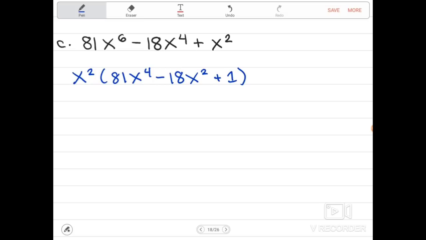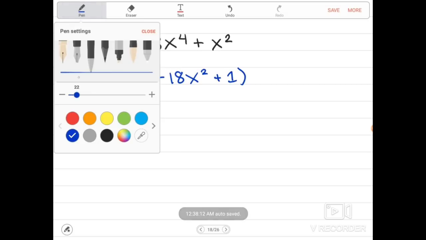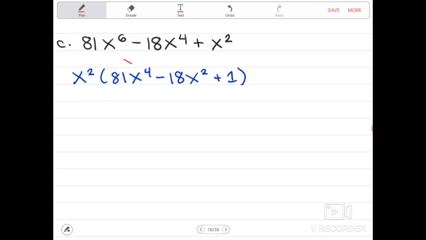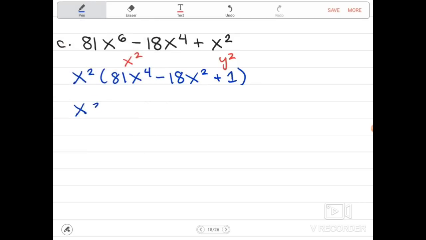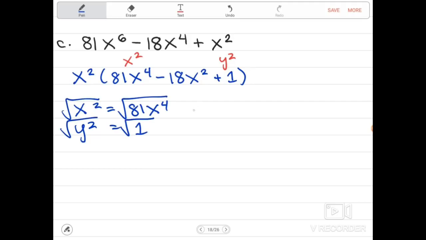Then, first term, this is our x squared. Ito yung ating y squared. So, x squared is equal to 81 x raised to 4. Y squared is equal to 1. Get the square root. So, x is equal to 9x squared. Y is equal to 1.